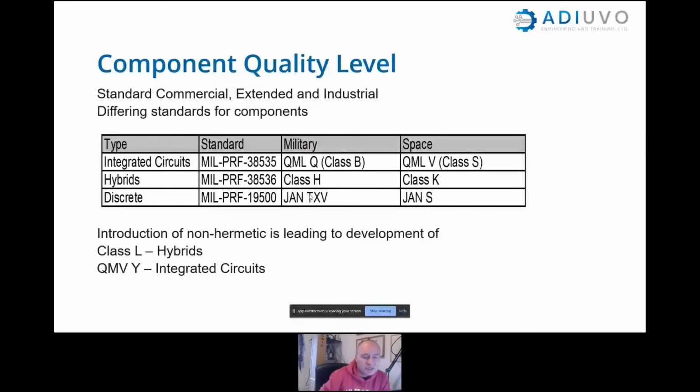To help us increase MTBF, as well as doing nice designs and including design mitigation such as redundancy and comparison, we can, if we want, start looking at different quality of components. So we can start looking at QMLV or QMLY, which is now an increasingly popular standard. We can put those in.